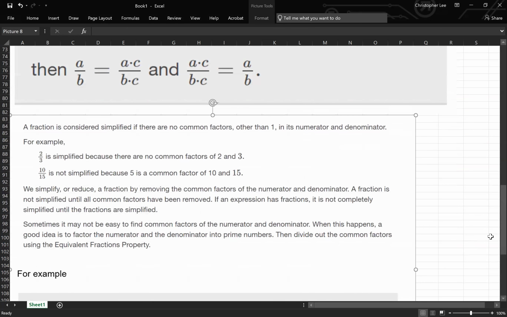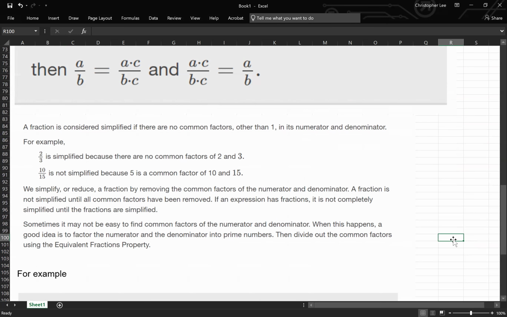A fraction is considered simplified if there are no common factors other than one in its numerator and denominator. For example, 2 over 3 is simplified because there are no common factors of 2 and 3. But 10 over 15 is not simplified because 5 is a common factor of 10 and 15.